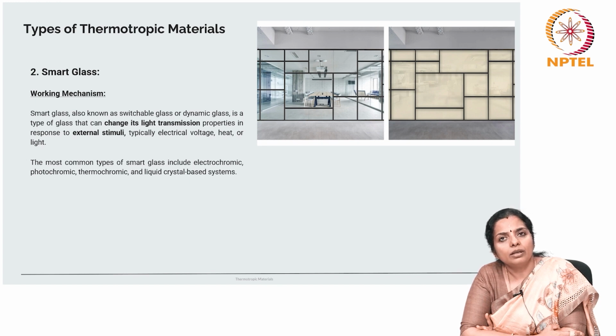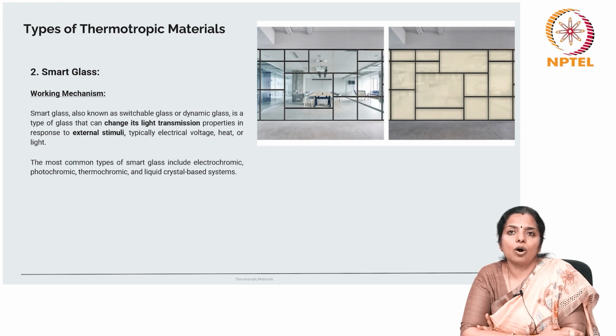So, the working mechanism of smart glass is that smart glass, also known as switchable glass or dynamic glass, is a type of glass that can change its light transmission properties in response to external stimuli, especially electrical voltage, heat or light.